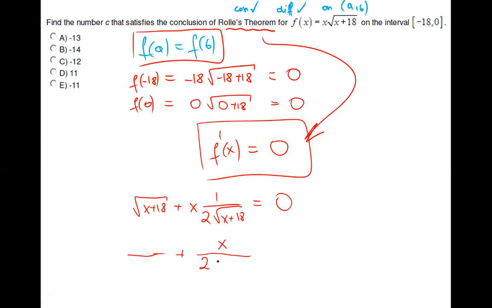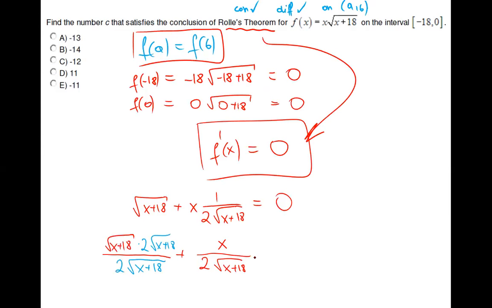I will multiply the first term, multiply and divide, by 2 times the square root of x plus 18. I have to remember about the 2.